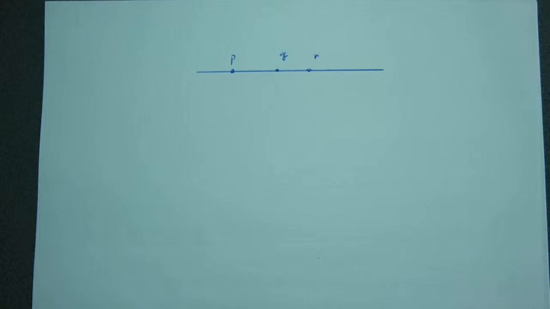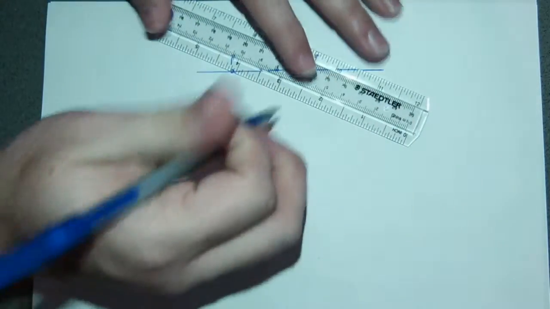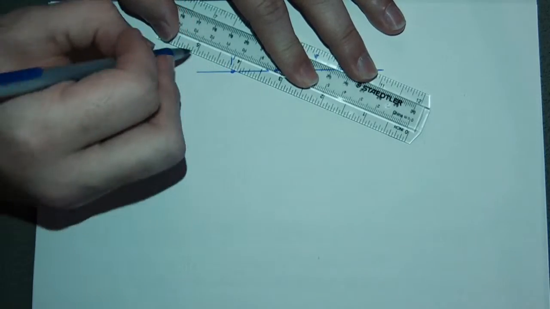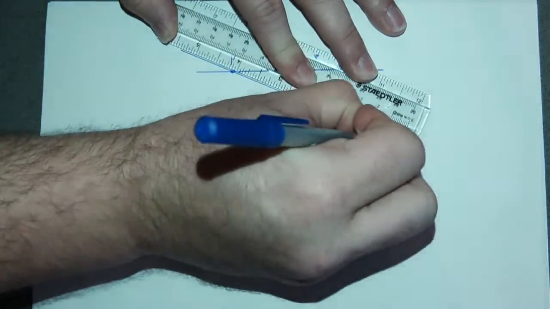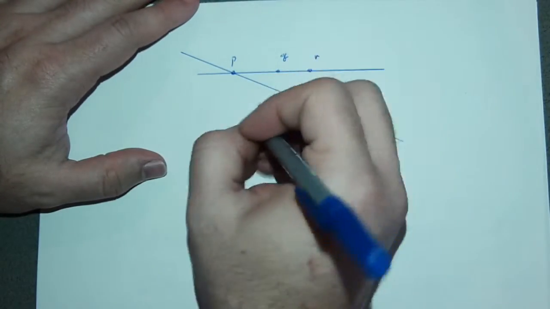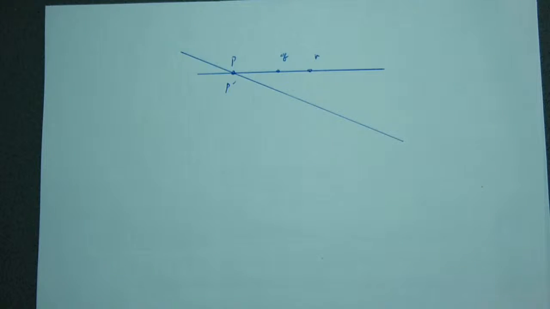Well, we can actually arrange our other copy of RP1, our other projective line, in a way that wherever P prime is on that projective line, we just match it up. We just match it up like this.